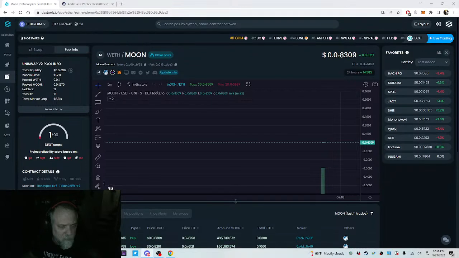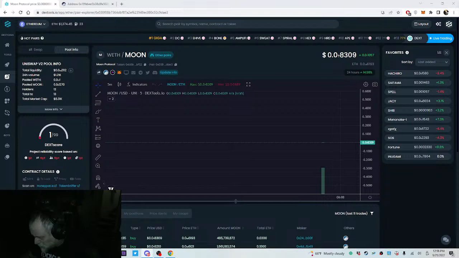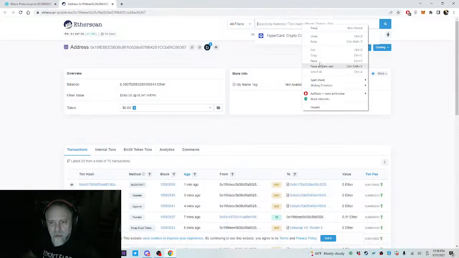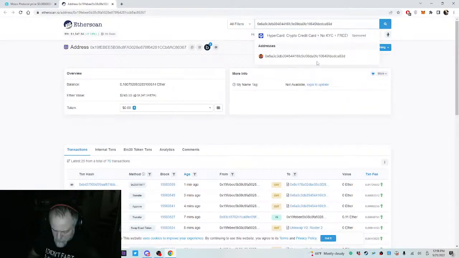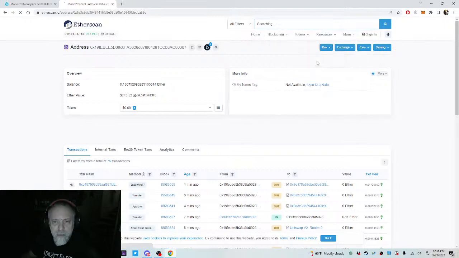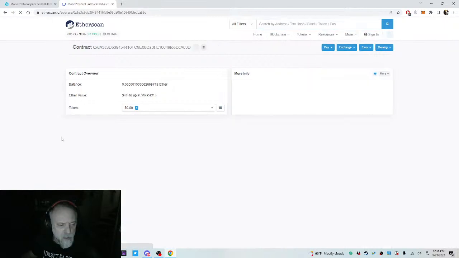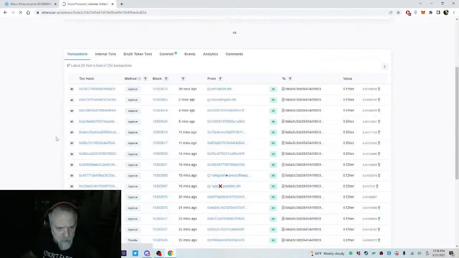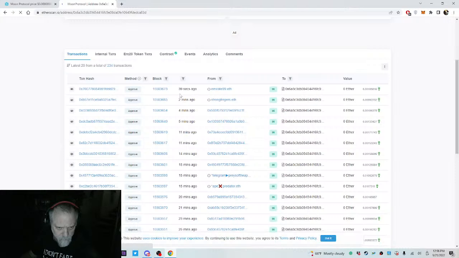You know what we could do? Let's do this. Let's copy the address. We just need to go to Etherscan right here. Punch in that address, because we know that it's only going on to Moon contracts. Oh, he just did another one.